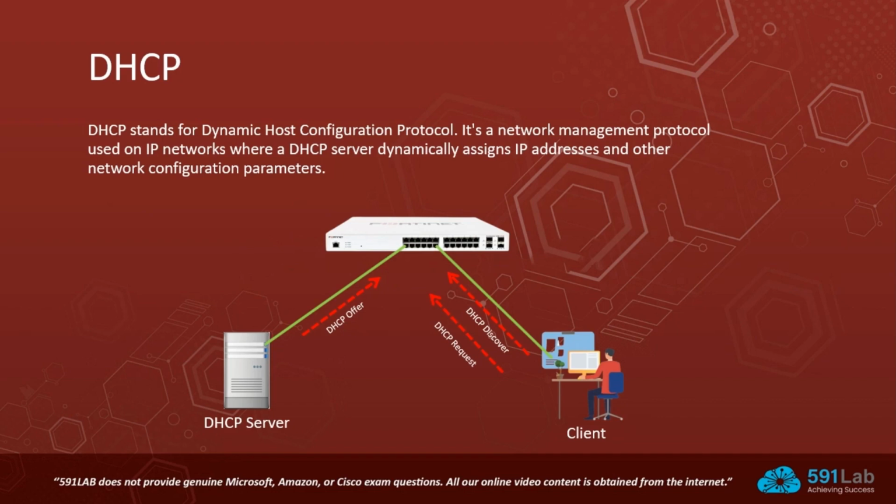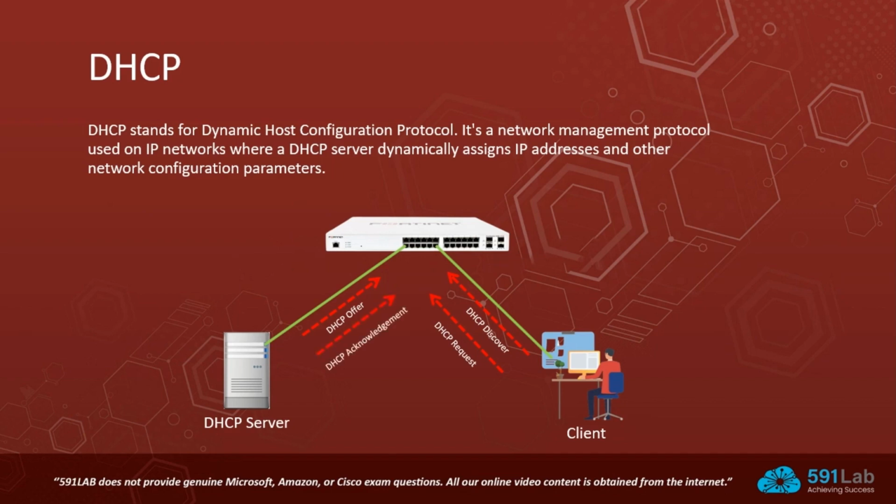Step 3. DHCP Request. If the client receives the DHCP offer packets from multiple DHCP servers, the first DHCP offer packet is accepted. The client responds by broadcasting a DHCP request packet requesting the network parameters from the server that responded first.